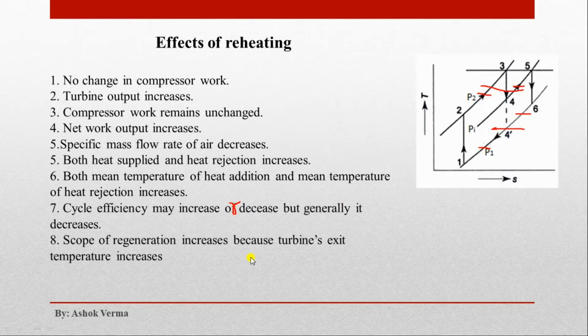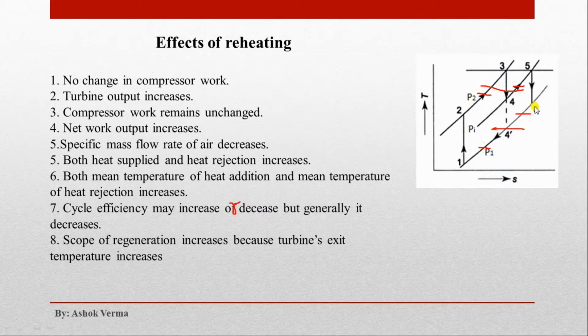Scope of regeneration increases because turbine exit temperature increases. We will see the regeneration after this, but you can see the turbine exit temperature is increasing, because previously if you are expanding the gas in this single stage, then the temperature at the turbine outlet will be T4, but after the reheating or multi-staging, you will get the turbine outlet temperature as T6.